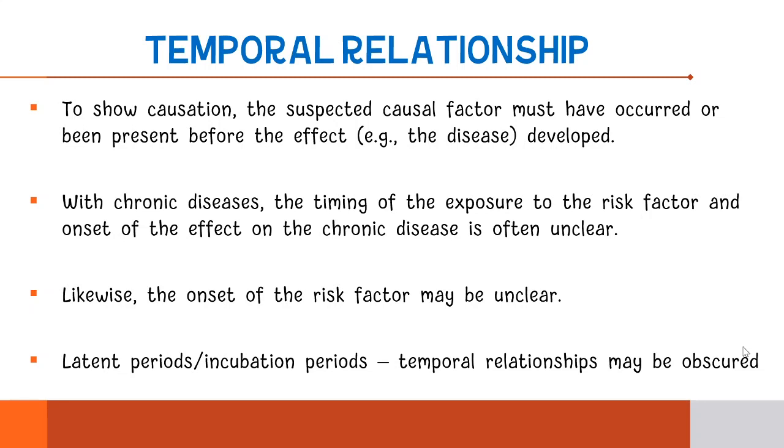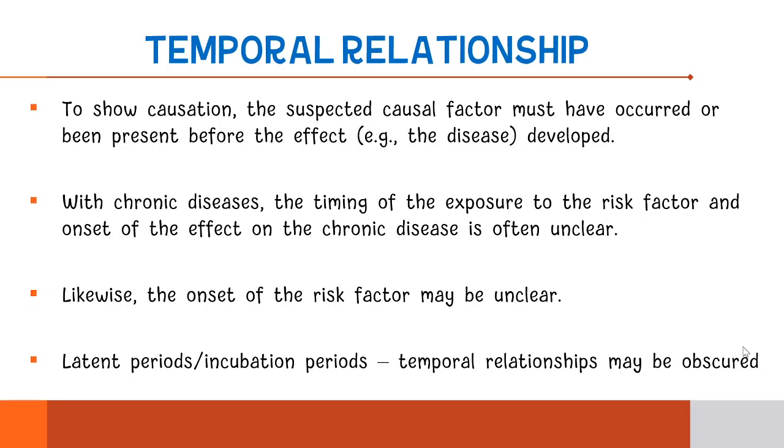Now, latent period and incubation period, again, vary greatly. Let us take for example COVID, where we need to wait for at least 7 to 14 days before we observe the presence of signs and symptoms. Or HIV, where signs and symptoms may appear within months, 6 months at most.